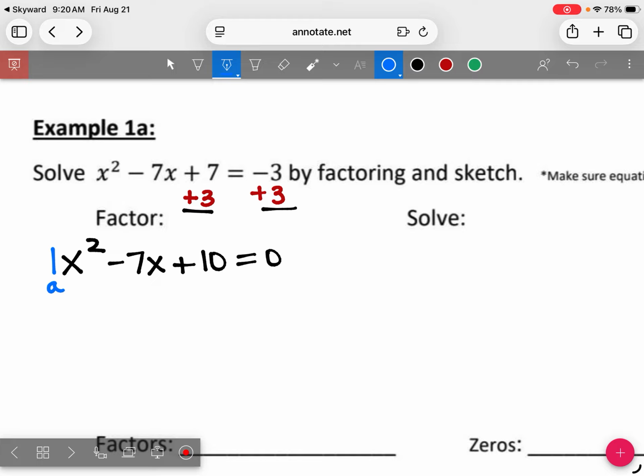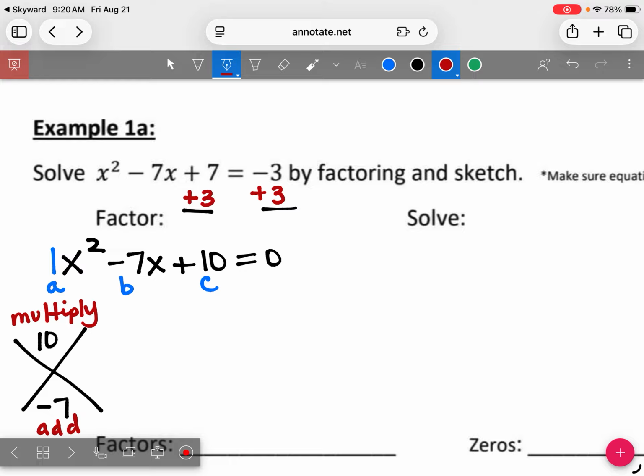So I have A, B, and C. Let's make our x. On top of the x, we're putting A times C, which will be 1 times 10. On the bottom is B. Don't say it out loud, but I'm looking for two numbers that multiply to be a positive 10, but add to a negative 7.